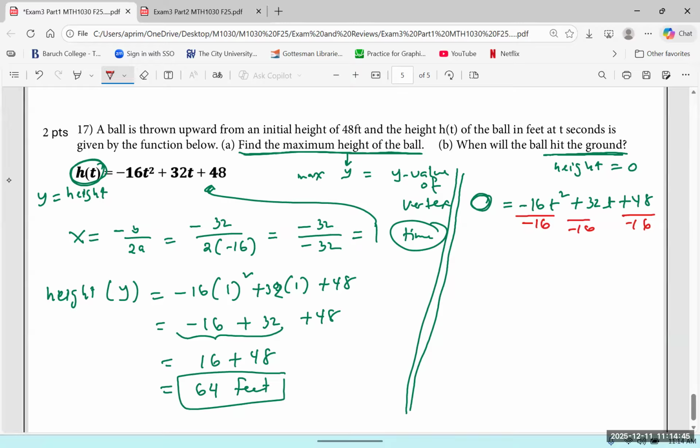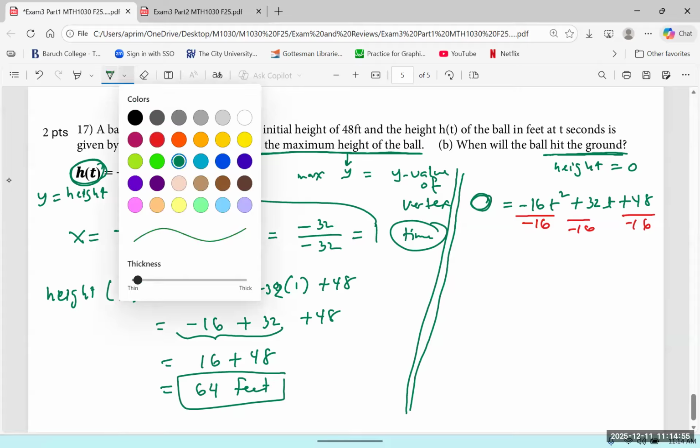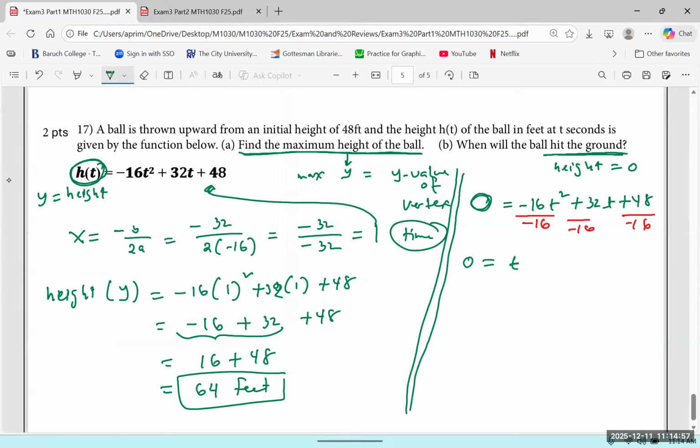But if it's in the calculator portion, it may not be divisible by the coefficient, so you're going to use the quadratic formula. But here it's divisible. All of them are divisible by 16. So you get t squared. What is 32 divided by negative 16? Negative 2t. And what is 48 divided by negative 16? Negative 3. So see, all of them are divisible.